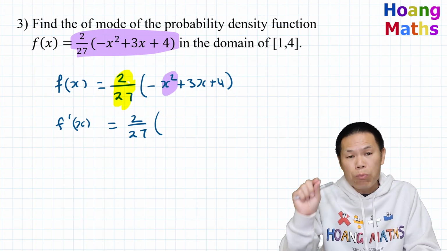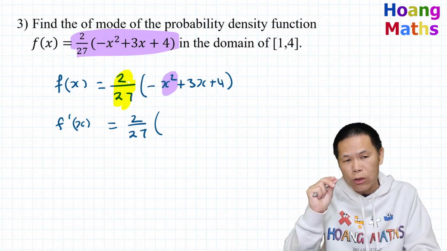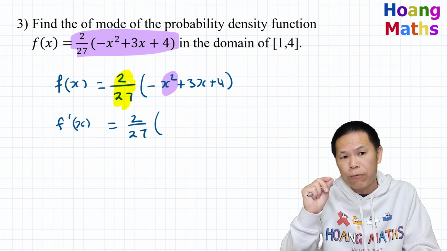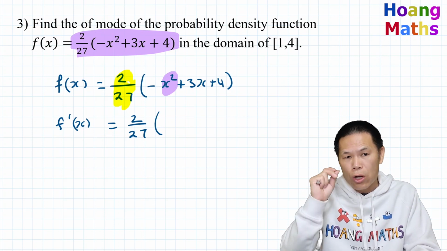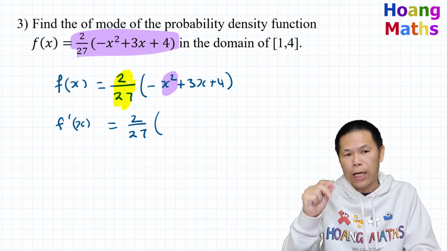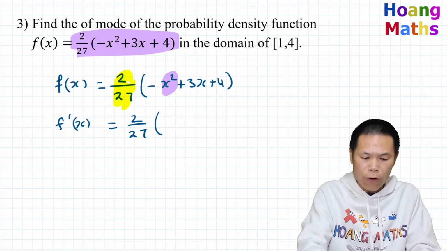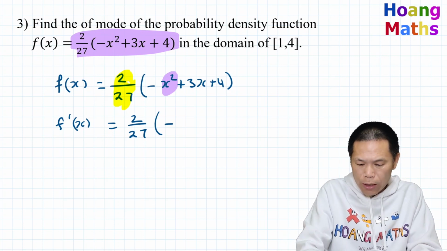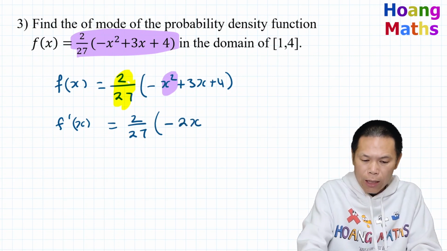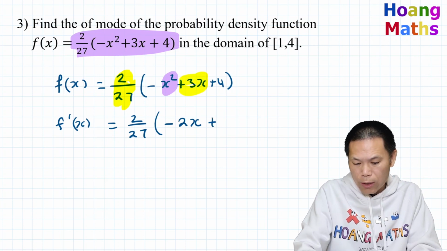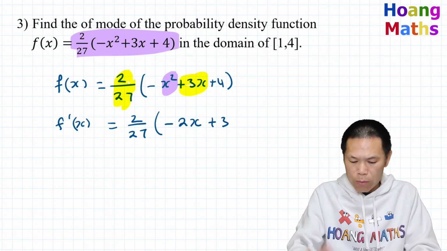That brings the 2 down and we minus 1, so it becomes 2 times x to the power of 2 minus 1, which is 2x. With the negative in front, that is negative 2x. If we differentiate 3x, that gives us 3. And differentiating 4 gives 0.